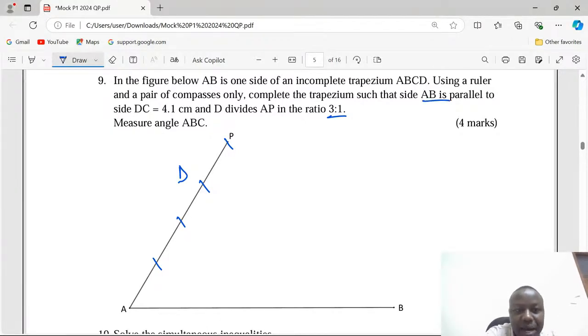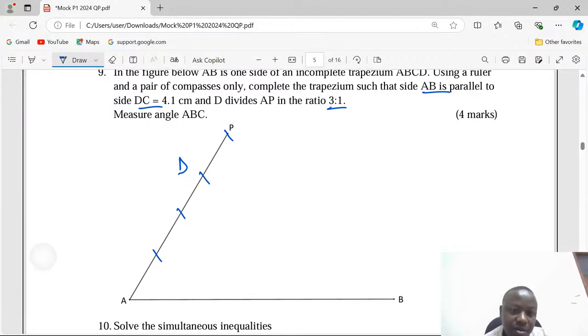With D at that point, we are given something else: AB is parallel to DC, and DC has a length of 4.1. Standing at D, you make an arc using 4.1. Being parallel, the height from this point should also be the height from the other point.